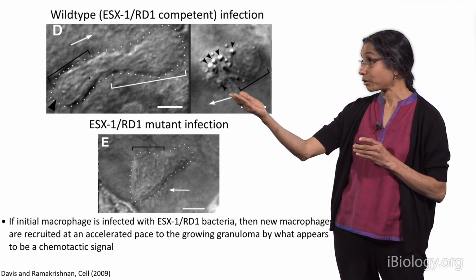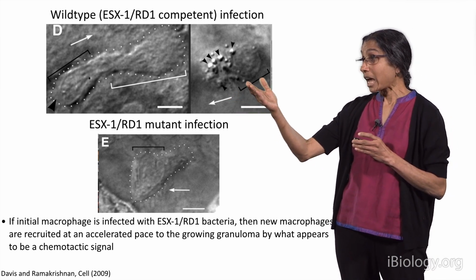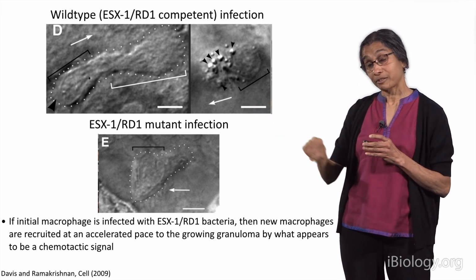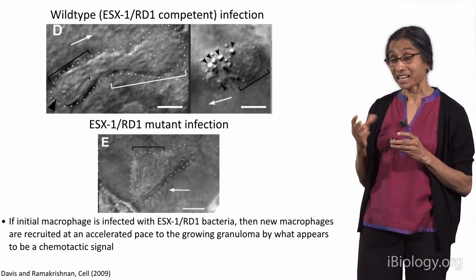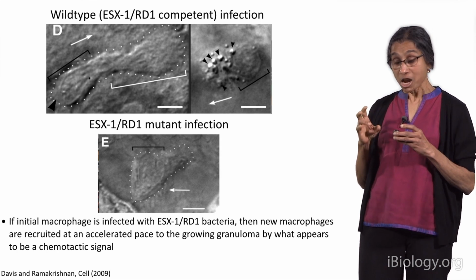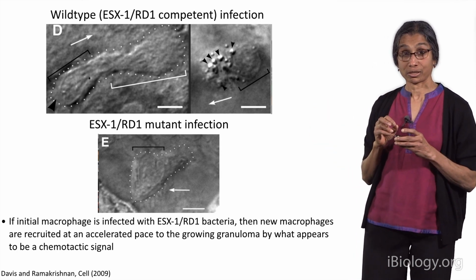And you can see that the macrophages in the top panel have these protrusions that reflect that they're highly chemotactic and are responding to a chemotactic gradient and are racing into this structure.